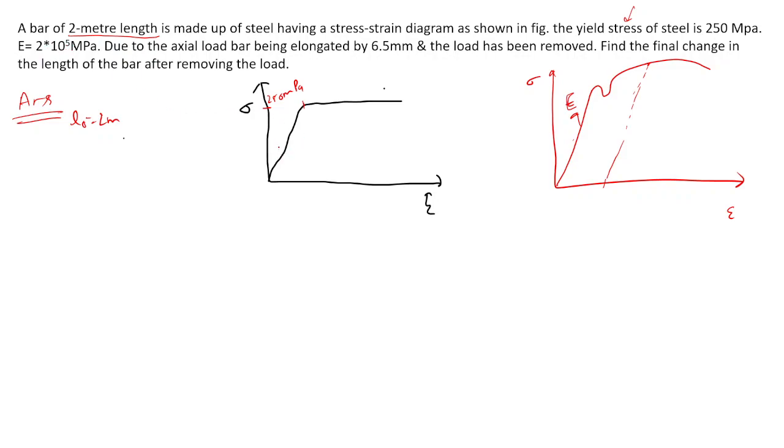This Young's modulus means its slope E. And due to the axial load the bar is elongated by 6.5 mm, so delta L is given as 6.5 mm. We don't know whether this 6.5 mm lies outside or inside the elastic zone. That first we have to find. The load has been removed. Find the change in the length of the bar after removing the load.